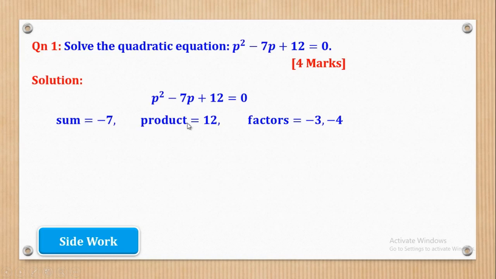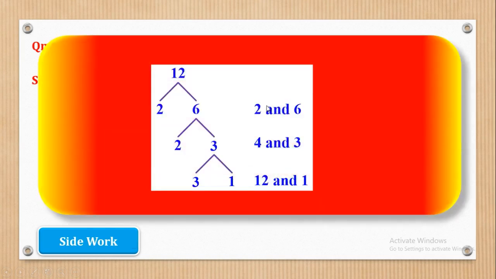Of all those pairs of factors, one pair will have a sum of -7. You have to look for factors with a sum of -7. Let's start with 2 and 6. When I add 2 plus 6, I'll come up with 8, so that one is already off.